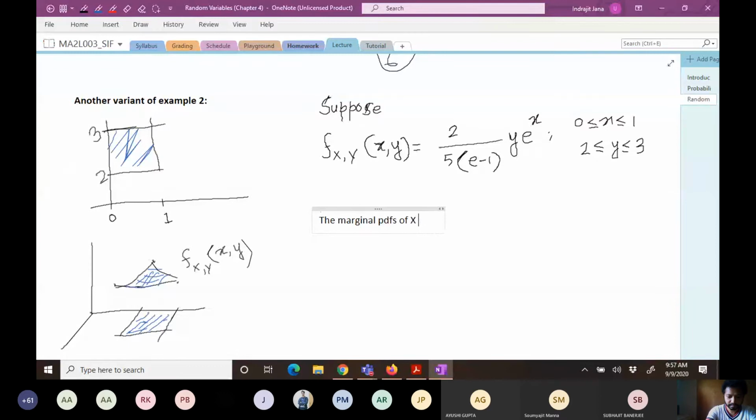The marginal PDFs of X and Y are given by, again, the same logic.